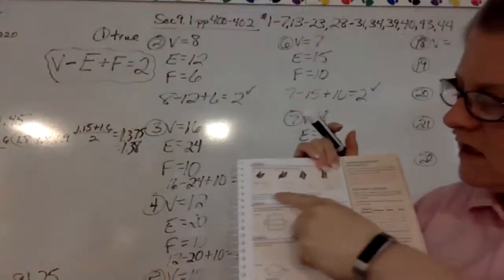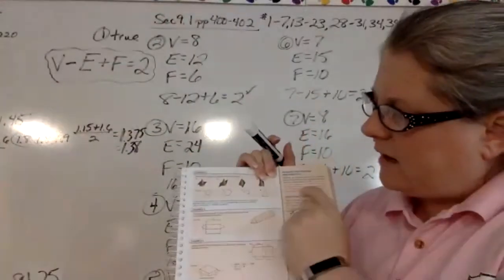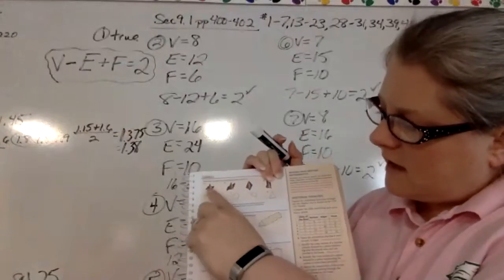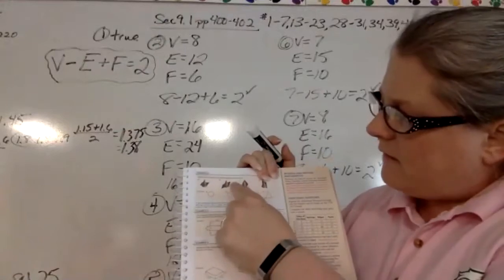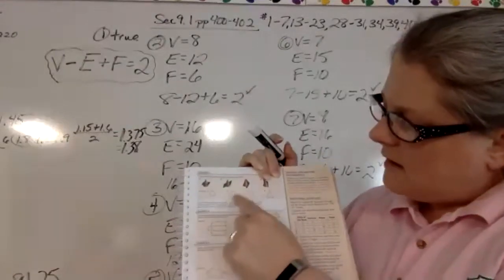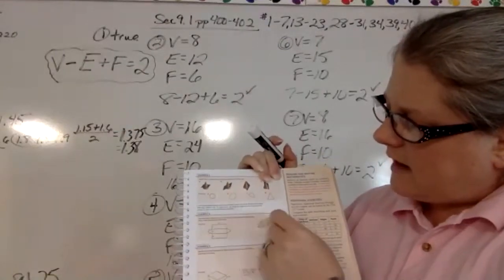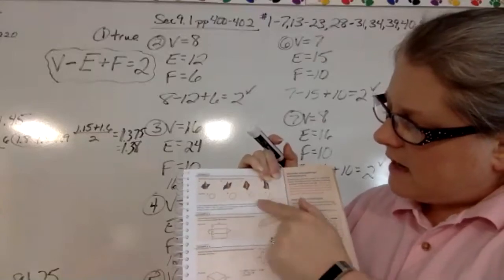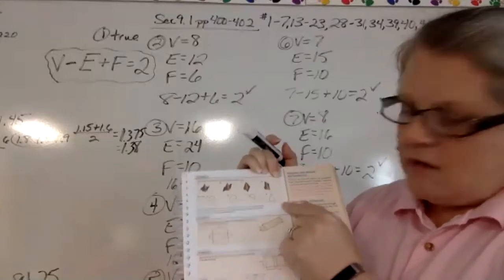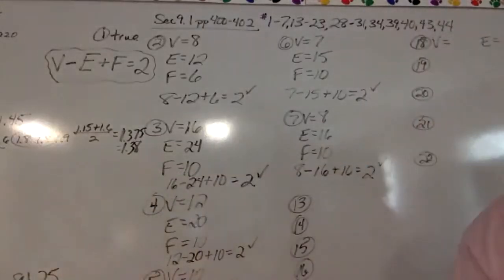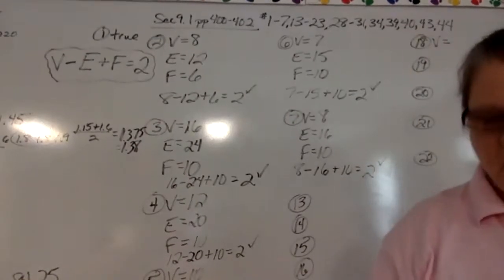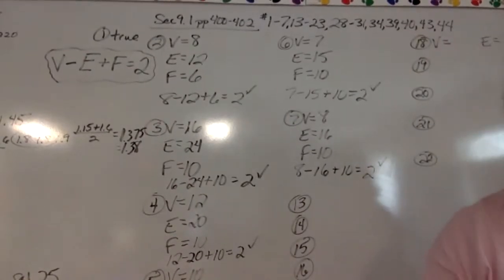You're telling what shape it's making when that plane goes across there. So if it was parallel to the base, it gives you the shape of the thing, a circle. If it's diagonal, then it gave you kind of an oblique thing. If it was going straight up and down, you see what it did? So it gives you different shapes depending on which way that plane is turned. That's what we're figuring out on 13, 14, 15, 16. What we think that shape would look like.